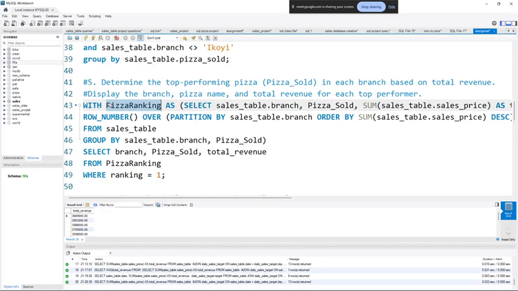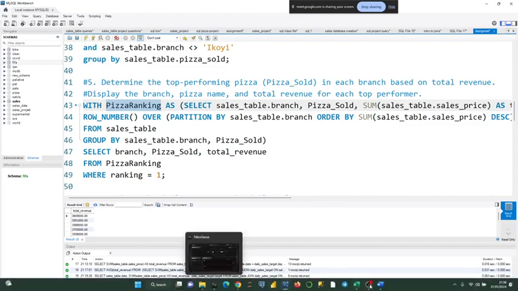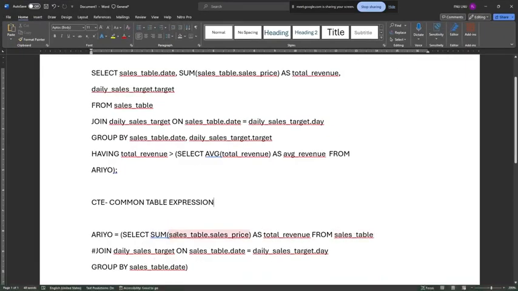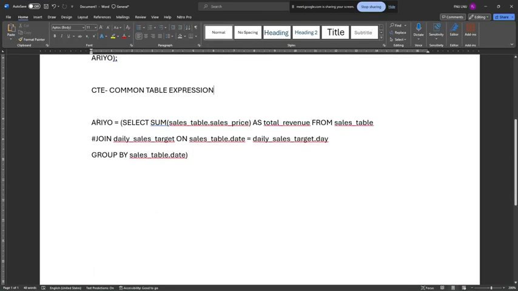If I wanted to create a CTE for Ario, I would have said WITH Ario AS, then I open a bracket. That select statement that contains Ario will now be what I put inside the bracket.